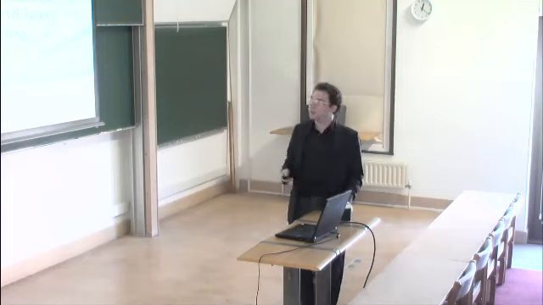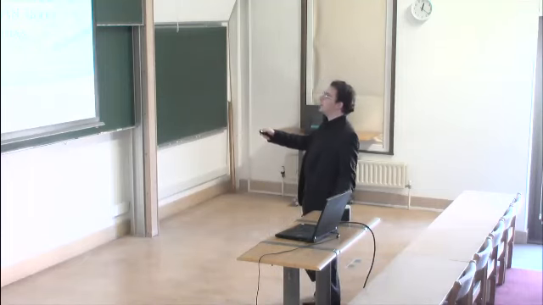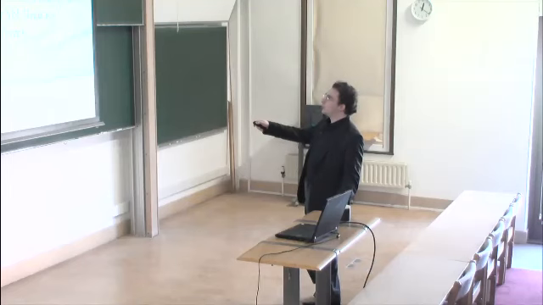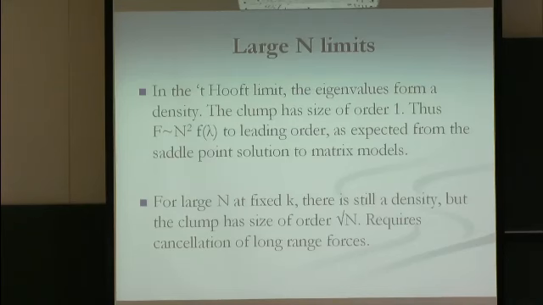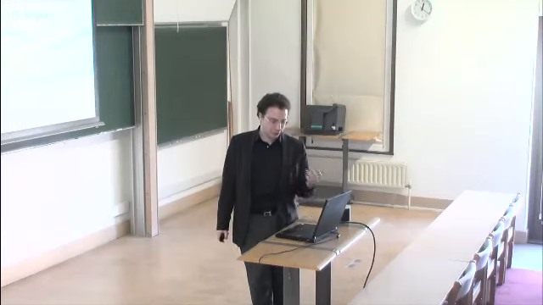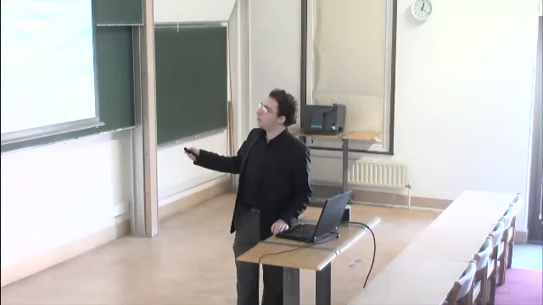It doesn't scale with N. And so then you always end up with some free energy that looks like N squared times some function of the 't Hooft coupling at leading order. In a sense, it's like the old 't Hooft argument of why large N gauge theories in the 't Hooft limit look like string theories. So you always expect this.